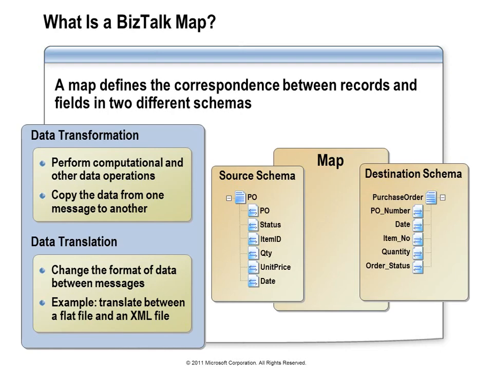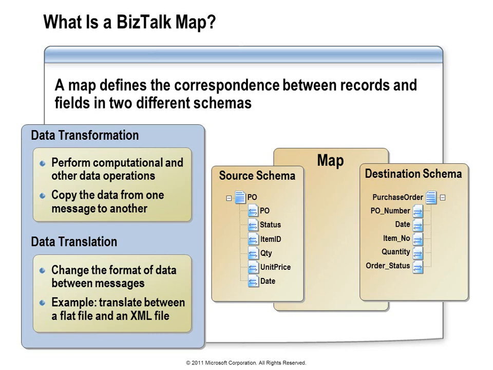Since BizTalk is an integration server and it coordinates between systems to carry out an automated business process, it bears the responsibility of communicating with each of those systems in their native tongue. As a result, BizTalk will frequently need to accept data in one format and convert it to another format. So in this slide, we can see two schemas that represent purchase orders.